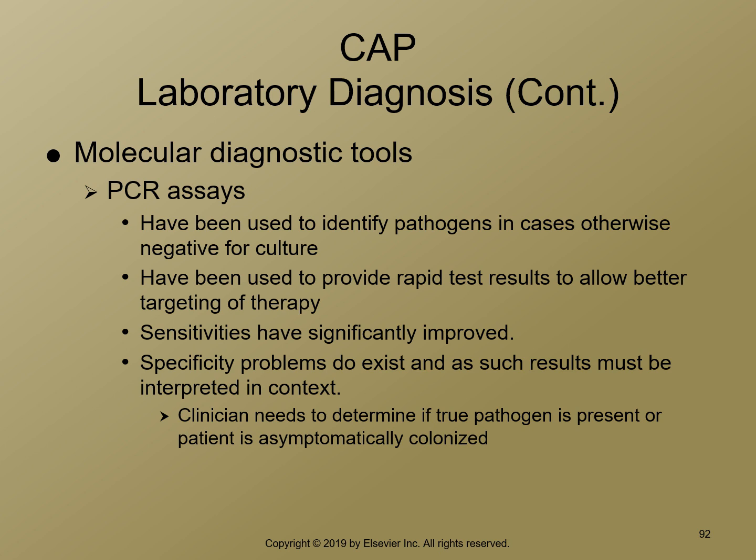Sensitivities have significantly improved over time, and this is why molecular is more widely used for respiratory panels. Although the tests are sensitive, specificity problems can exist, so clinicians need to interpret results in context. So they need to make sure they're evaluating whether a positive PCR is a true pathogen or if the patient is asymptomatically colonized.